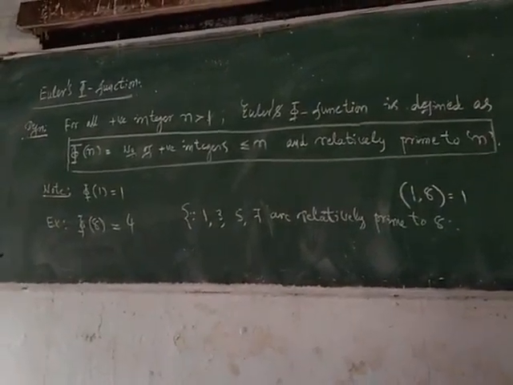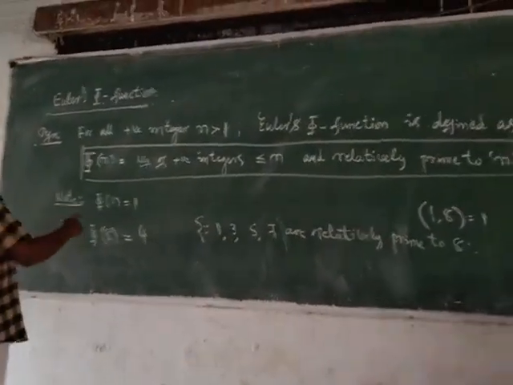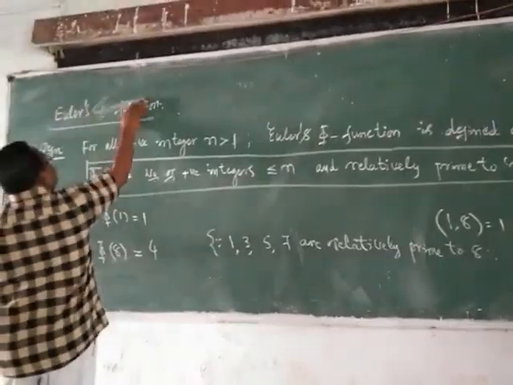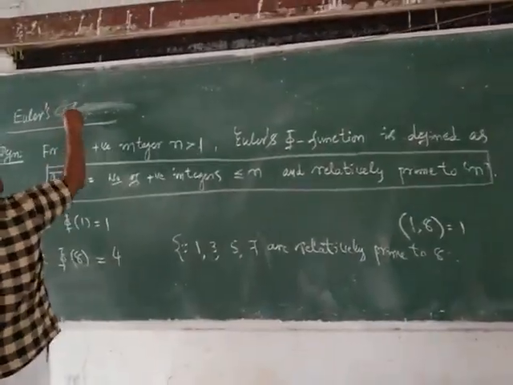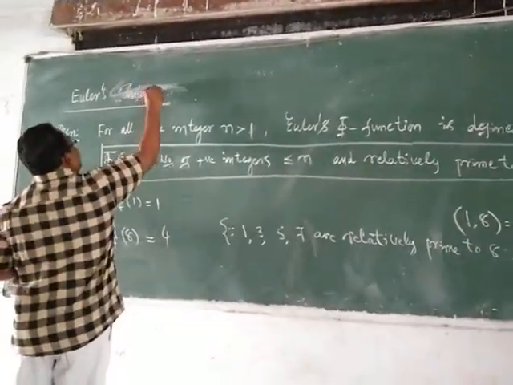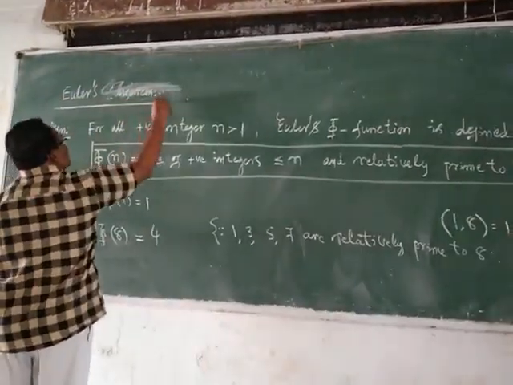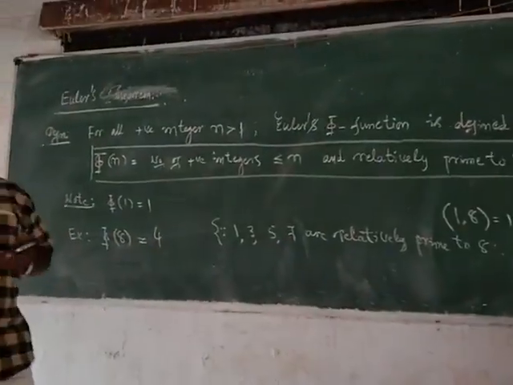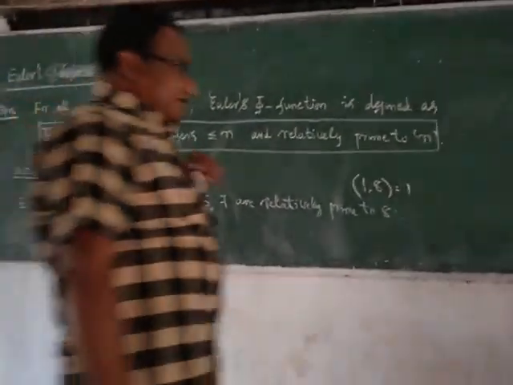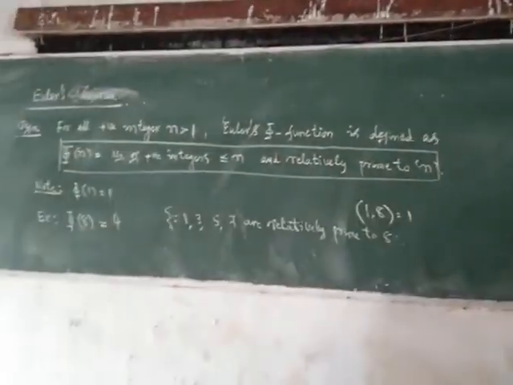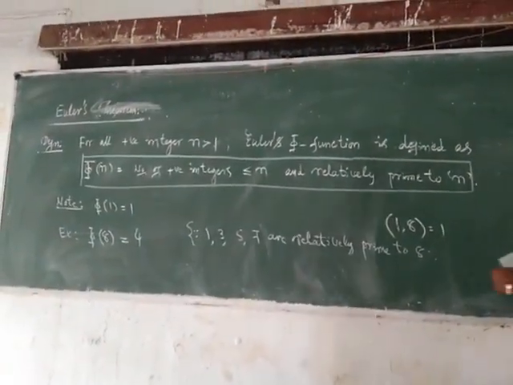And with this, let us now go for Euler's theorem. Let's go to the theorem which is known as Euler's theorem. The statement of Euler's theorem is this.